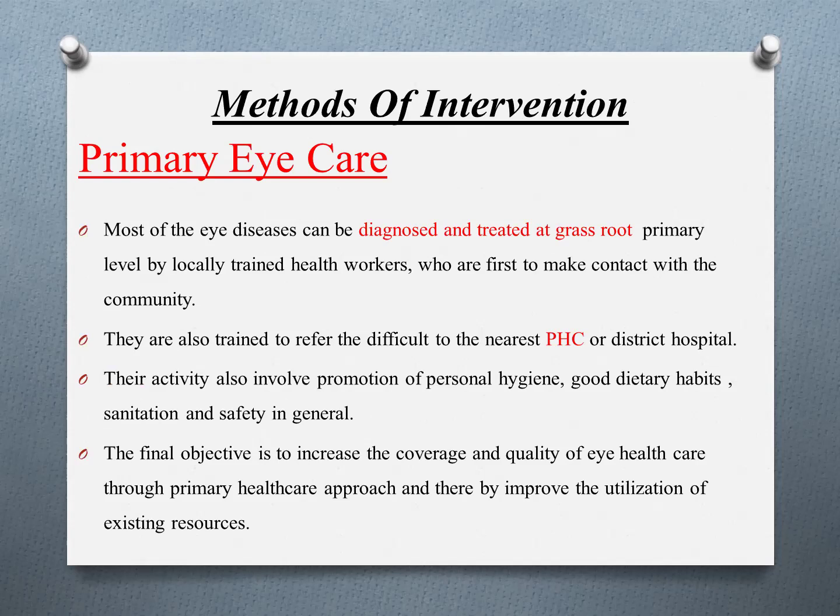Their activity also involves promotion of personal hygiene, good dietary habits, sanitation, and safety in general. The final objective is to increase the coverage and quality of eye health care through the primary healthcare approach and thereby improve the utilization of existing resources.